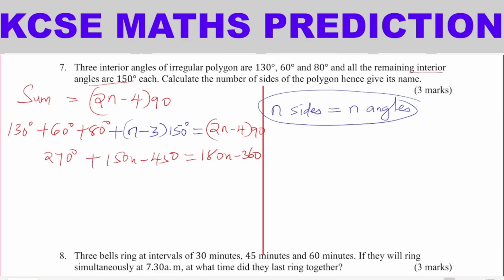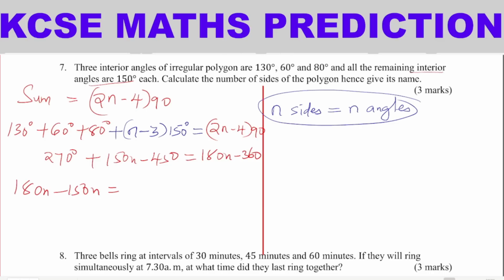So collecting like terms together, I'll take n together, so 180n minus 150n is equivalent to, I'm trying to take them to the right hand side, so this will give 360.